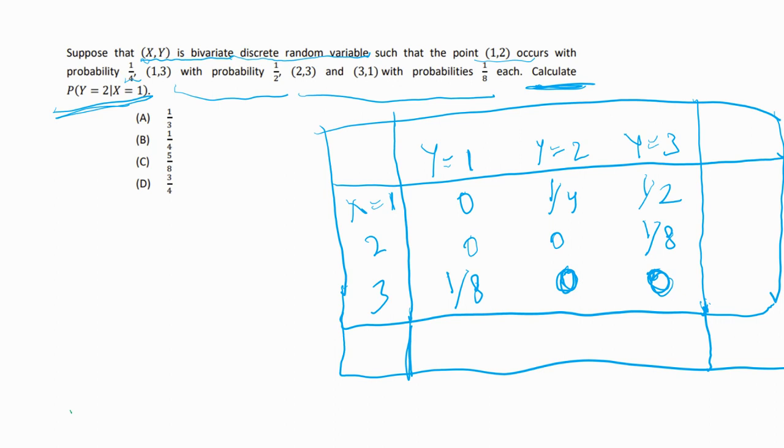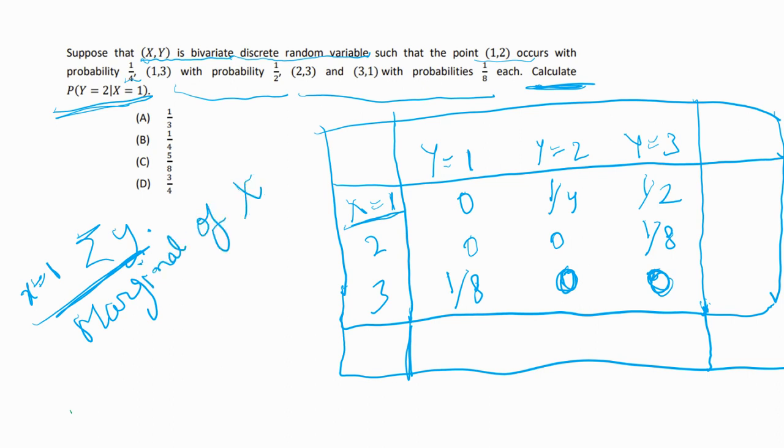So if we take summation over y when x is equal to 1, it will give the marginal of x, that means fx at 1. Okay. Similarly, we will have marginal of x fx2 and then marginal of x at point 3.